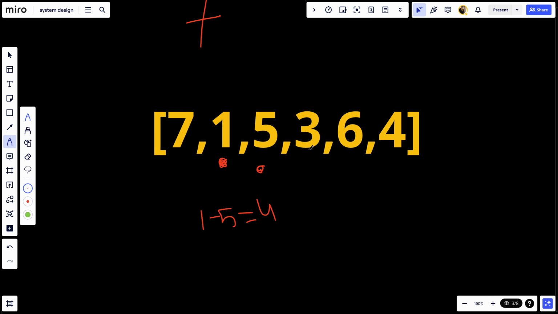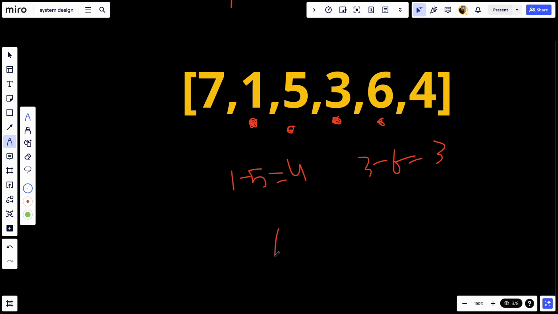After that we buy on day 4 with the price 3, and we sell on day 5 with price 6, and we get 3, and right now the profit will be 4 plus 3, which is 7.